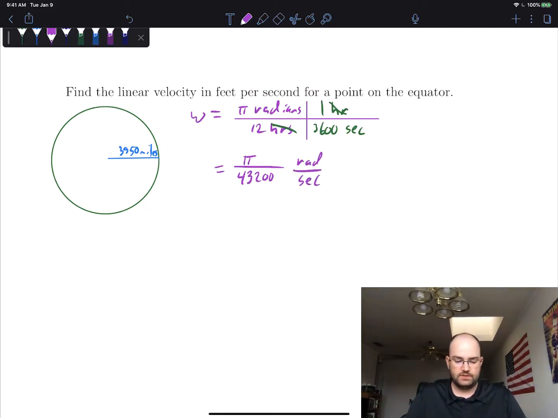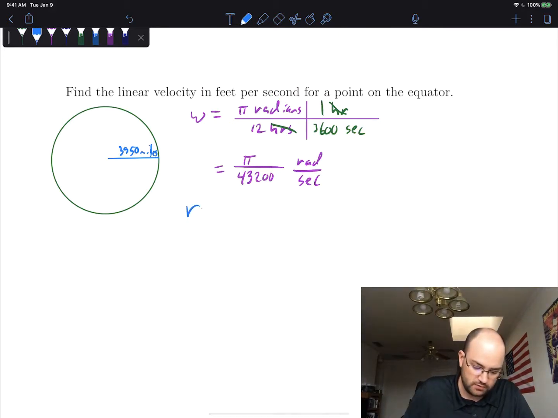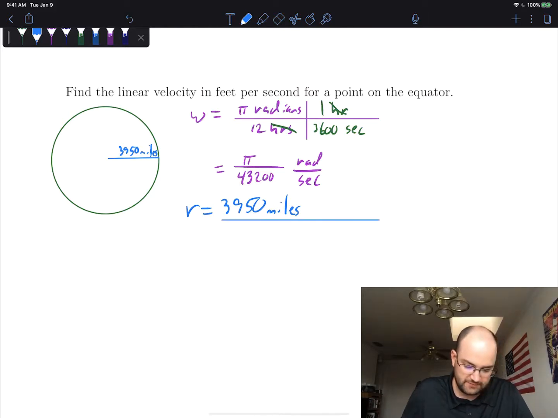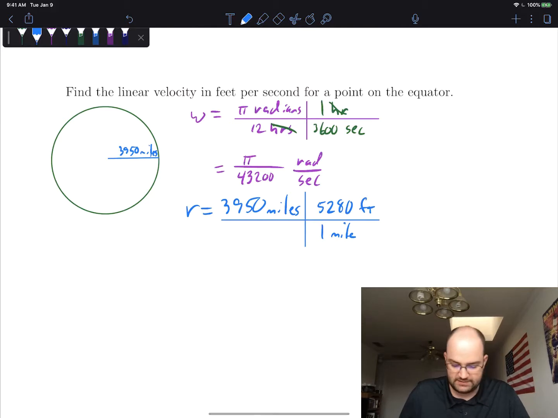Good. But notice that we want the linear velocity in feet per second, not in miles per second. So we need to convert R. R is 3,950 miles. Let's convert that into feet. For every 1 mile, there are 5,280 feet.